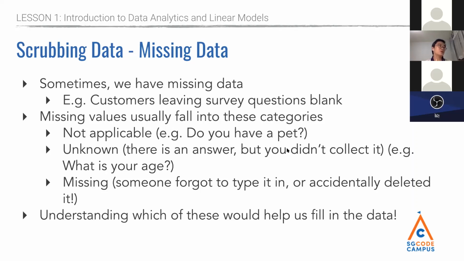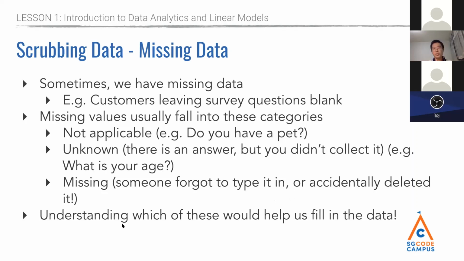Say because you don't have a pet, you are asked the question about do you have a pet, and you say no, or your pet name, you say no. Or unknown, meaning there is an answer but you didn't collect it. Maybe what's your age? Everybody should have this number, but you didn't collect it. So this is missing for another reason. Also, you forgot to type it in or accidentally deleted it.